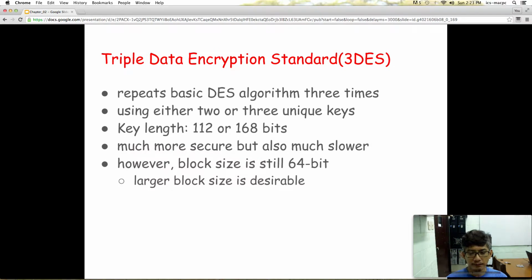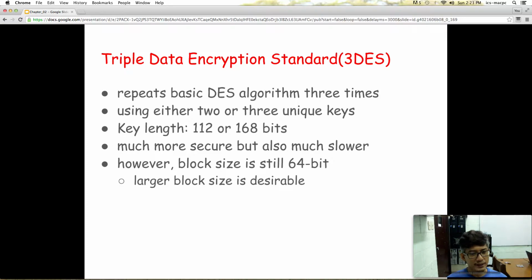Now the next algorithm that we're going to talk about is 3DES, or triple DES. The idea here is to repeat the DES algorithm 3 times, and it uses either 2 or 3 unique keys instead of 1. It has a larger key size, which can be 112 or 168 bits.